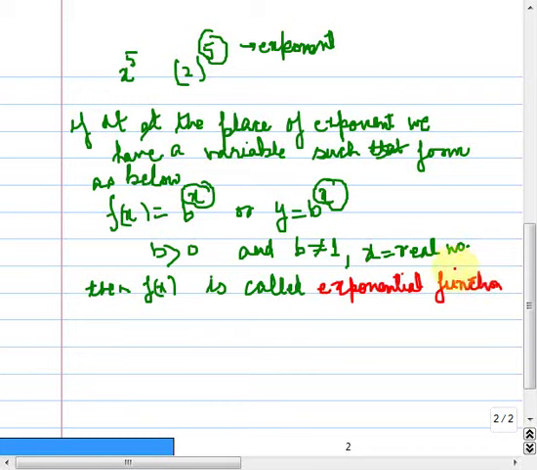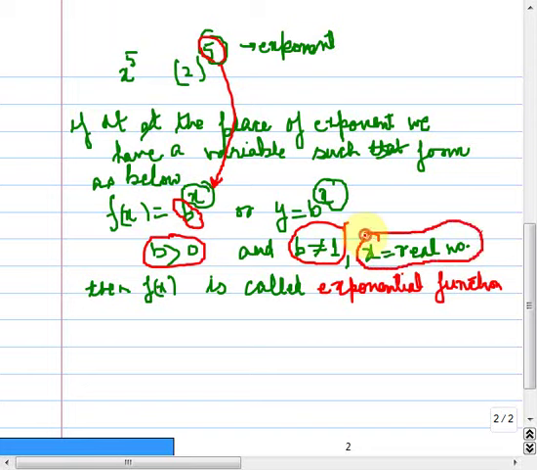How is it different from exponent? In place of the exponent being some constant, here we have a variable in the place of the exponent. And there are some restrictions imposed on the value of b, that b should be greater than 0 and b cannot be 1, and x is a real number.